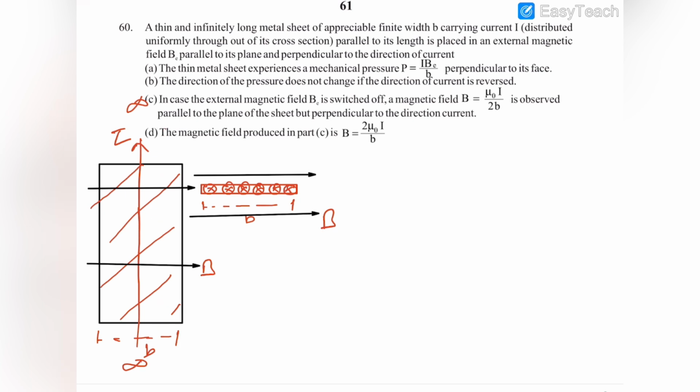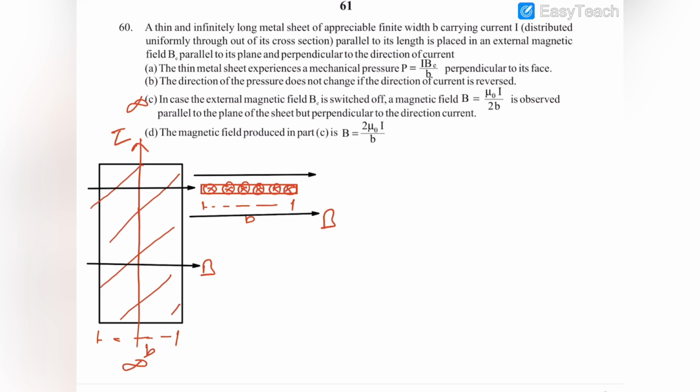There is a magnetic field parallel to the plane of the sheet but perpendicular to the current. In the cross section view, the crosses represent the direction of current flowing in the sheet, and the magnetic field B is perpendicular to the direction of flow of current.